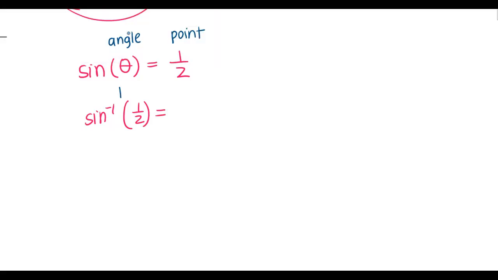Our point is now getting plugged in, and our angle is now our output. They're just switching places. Okay, you might see this a couple different ways. You might see the sine of something, and you know that you're going to work backwards, or you might see it just written as the inverse sine of 1/2 equals what angle, and you have to know that your answer is now going to be the angle.